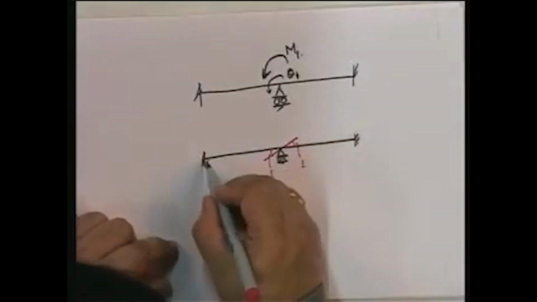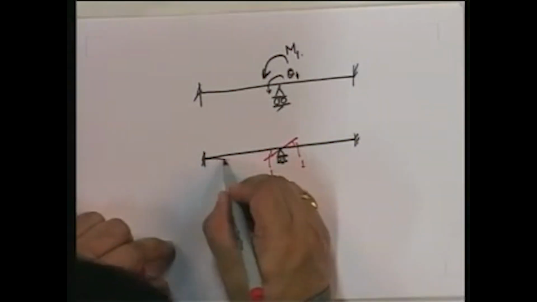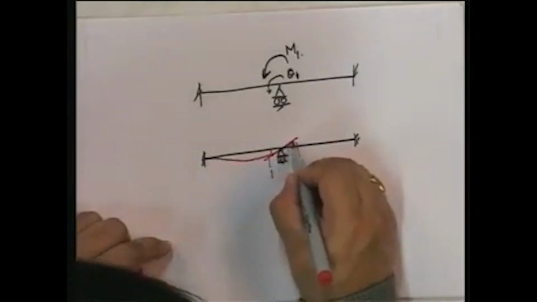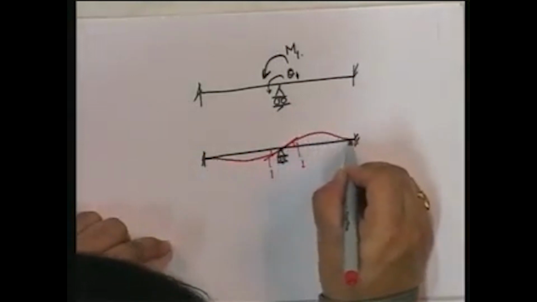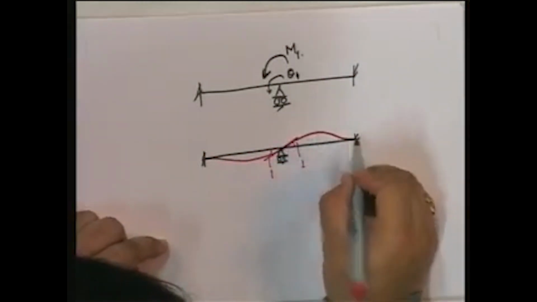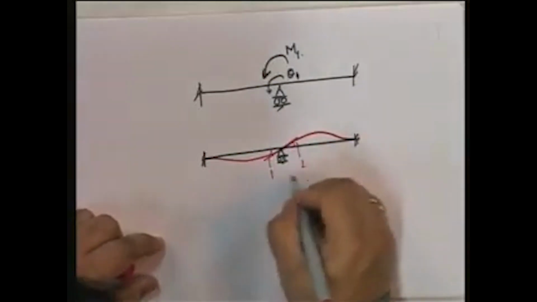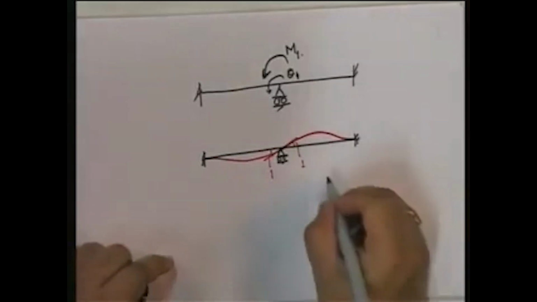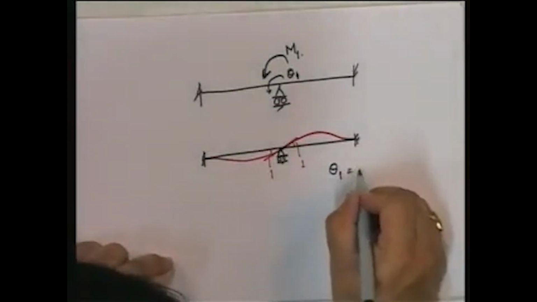If it rotates by 1, since this cannot rotate, it's going to take up something like this. This is the displacement pattern of this structure. So this is the displacement pattern under theta 1 equal to 1.